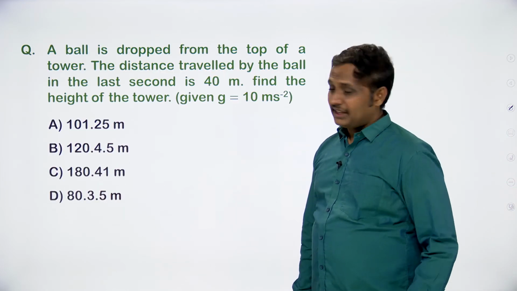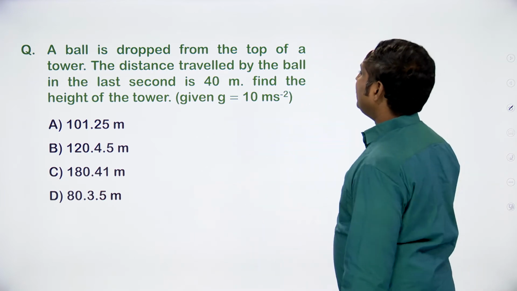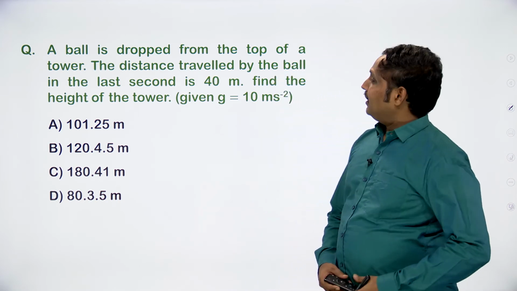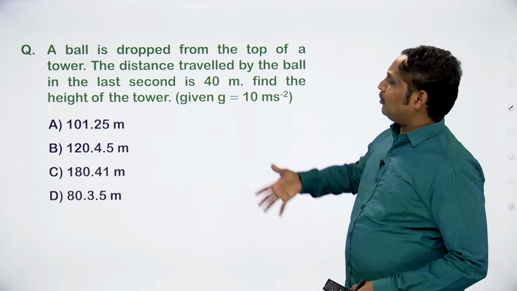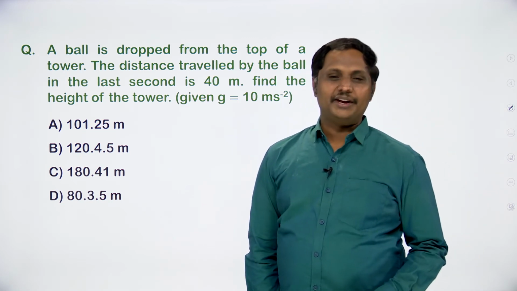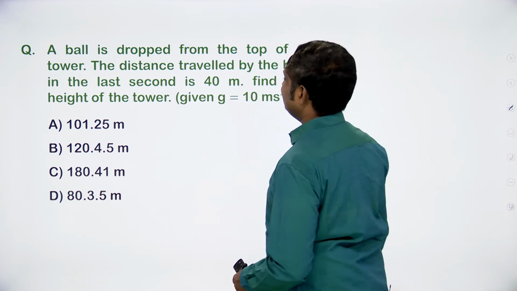Yes, it is a very simple problem. A ball is dropped from the top of a tower. The distance travelled by that ball in the last second is 40 meter. Find the height of the tower.